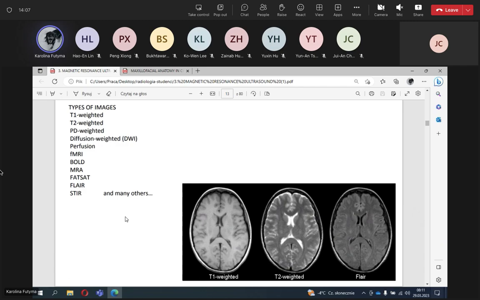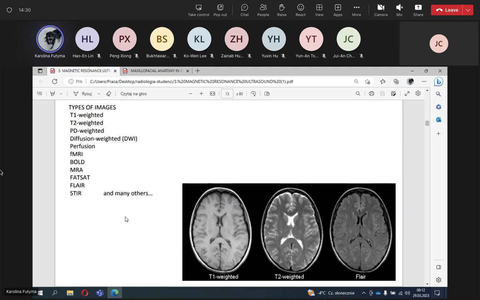So we have PD weighted, diffusion weighted, called DWI, perfusion image, fMRI, BOLD, MRA, FATSAT. It's of course especially for imaging the fat tissue, FLAIR and STIR, and many others.